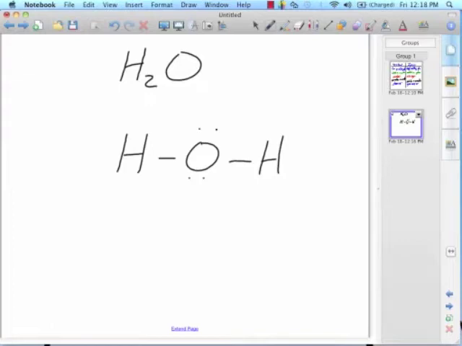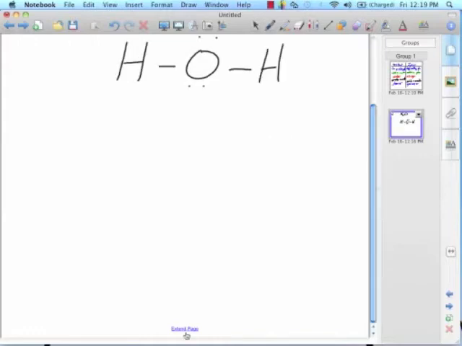First off, how do I know that oxygen goes here in the middle? There are rules that tell me which ones go in the middle and rules that tell me which ones go on the outside. So these are the basic rules.